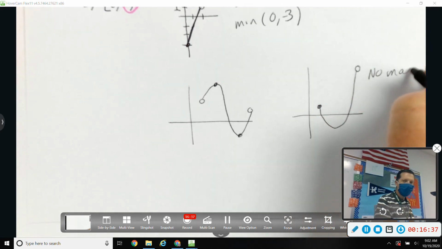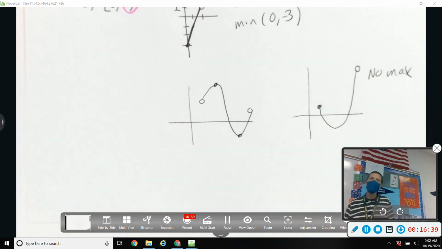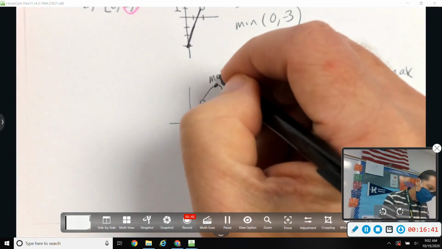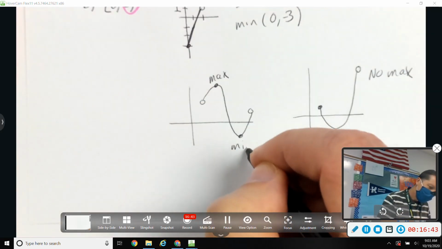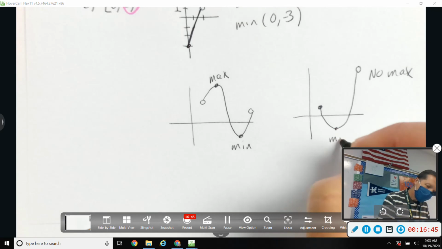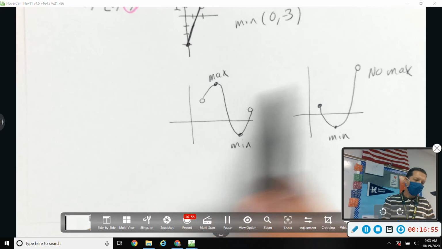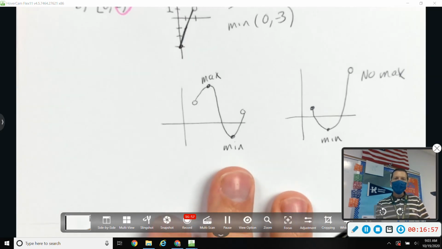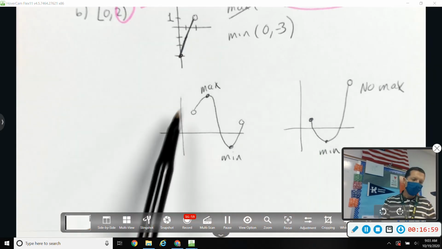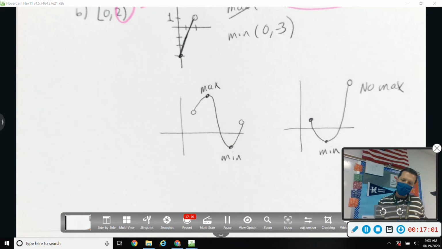That graph would have no max because of that open circle. So once you figure out that concept, it's not tricky, but there's always a few people who miss that on the test, and then they get it back and they're mad at themselves because it's not really a process question. There's no derivatives to take. It's just an understanding thing.